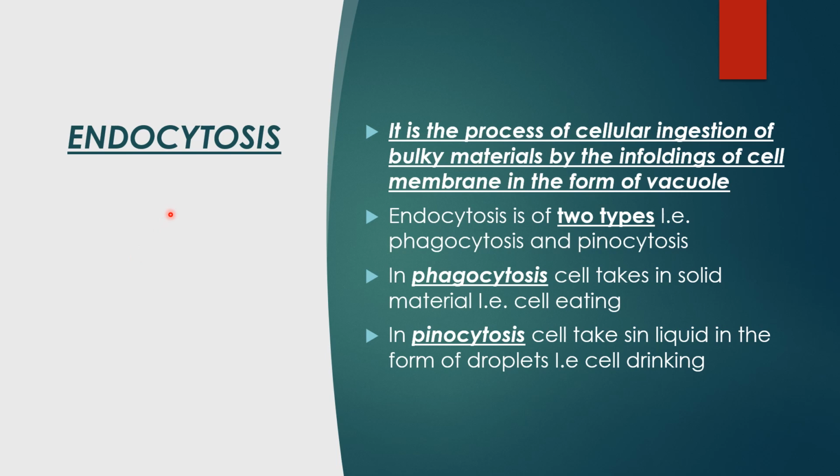It is a process of cellular ingestion of bulky materials by the infolding of the cell membrane in the form of a vacuole. Endocytosis is of two types, phagocytosis and pinocytosis. In phagocytosis, the cell takes in solid material, that is cell eating. In pinocytosis, the cell takes in liquid in the form of droplets. That process is called cell drinking, or pinocytosis.